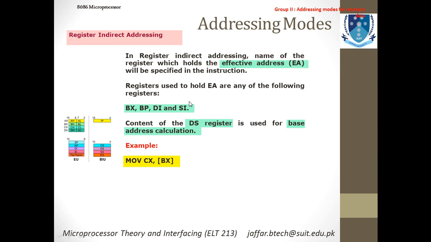Then the content of the DS register, the data segment register we have discussed, is used for the base address calculation. The data from this base address calculation will be shifted to the CX.